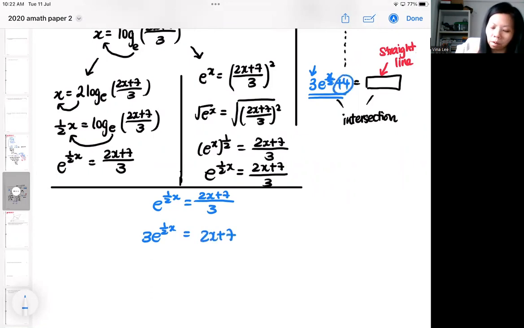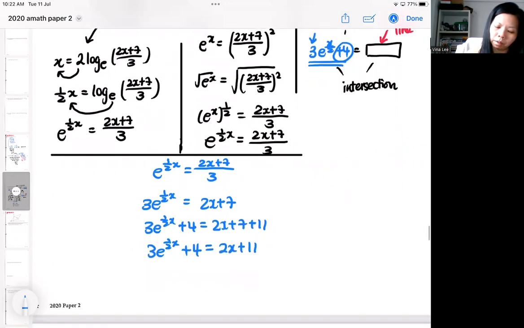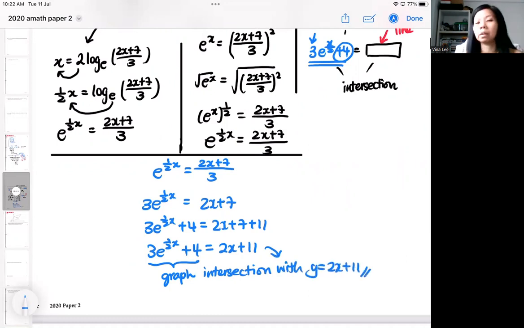You need a plus 4, you simply introduce a plus 4 on both sides. So that will lead you to the graph equal to 2x plus 11. So this will be the graph intersecting with the straight line. The straight line that the question wants is 2x plus 11.